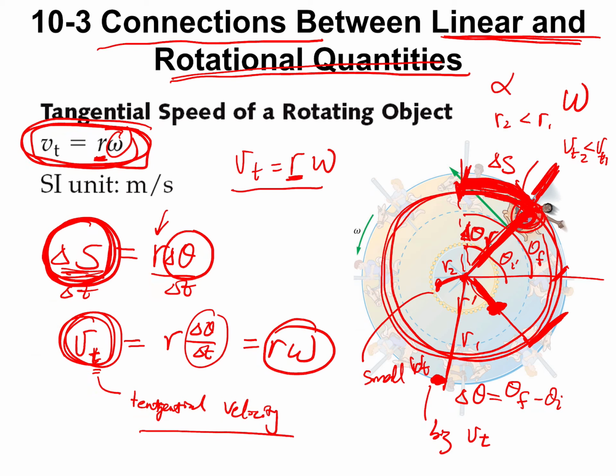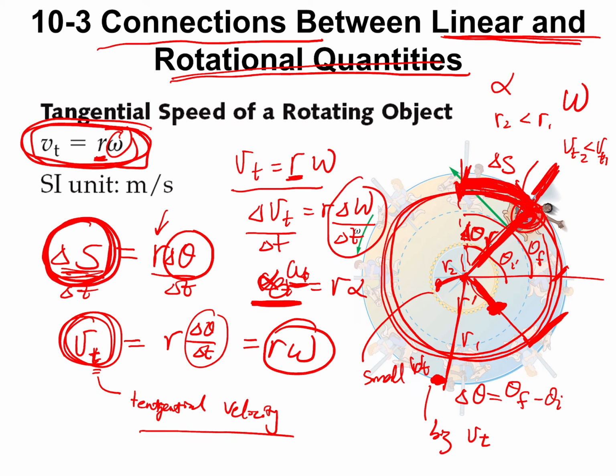And then if we look at changing velocity, changing tangential velocity equals r times changing omega, and then divided by delta t on both ends, we can figure out alpha. This is tangential acceleration equal to r alpha.